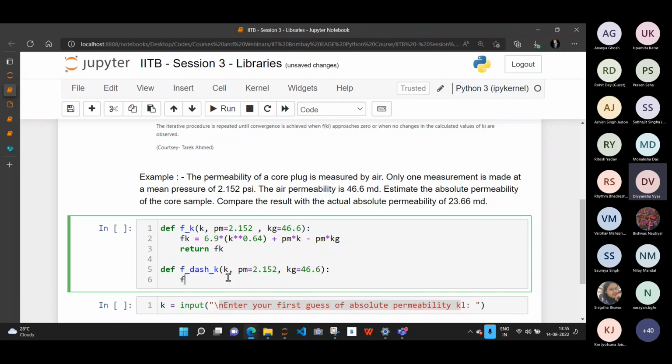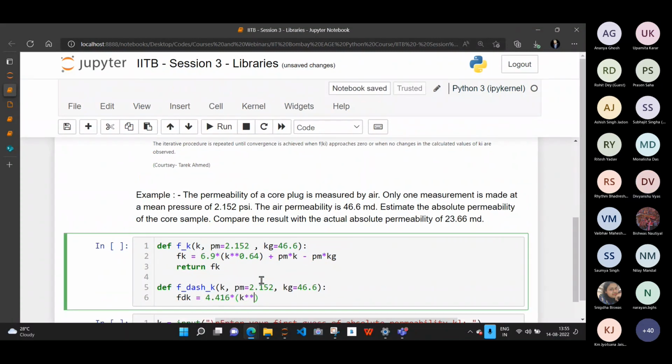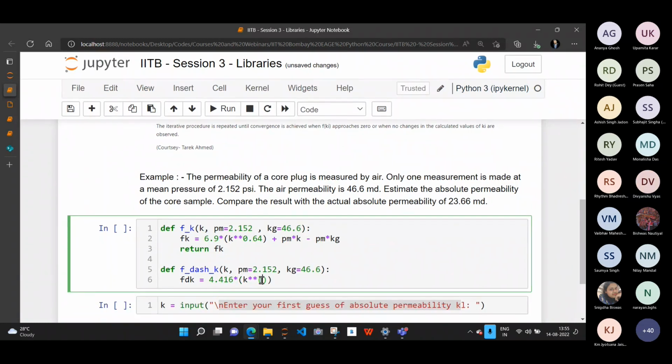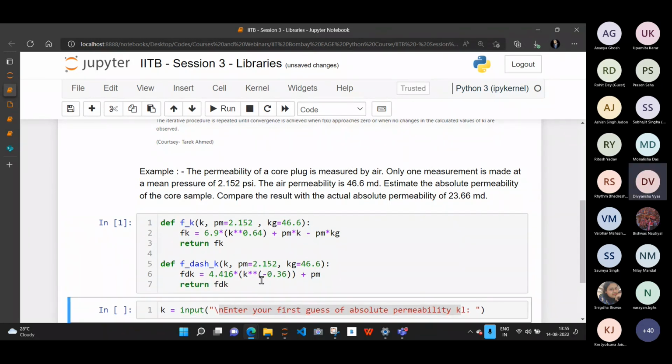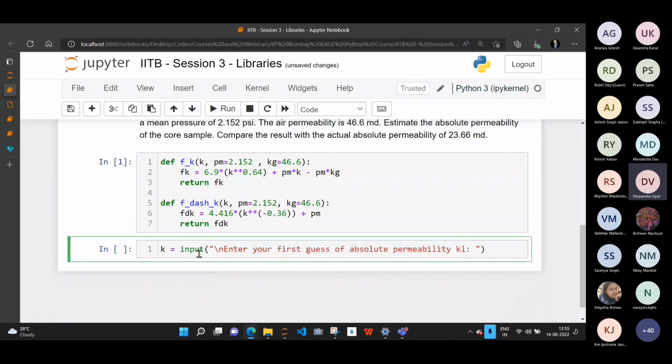Okay, so f dash k is equal to 4.416, simple differentiation of this equation, 4.416 multiplied by k to the power minus 0.36, plus pm, and return f dash k.